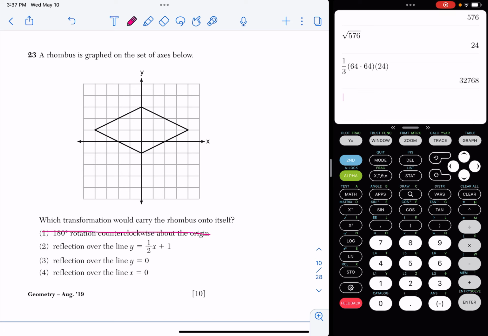When you're talking about line symmetry, you're talking about a line that basically splits the shape into two equal parts. So if I have a reflection over 1/2 x plus 1, here's 1, going up 1 over 2, and continuing that pattern.